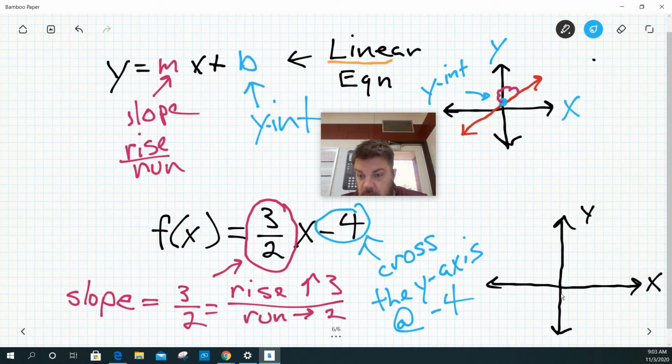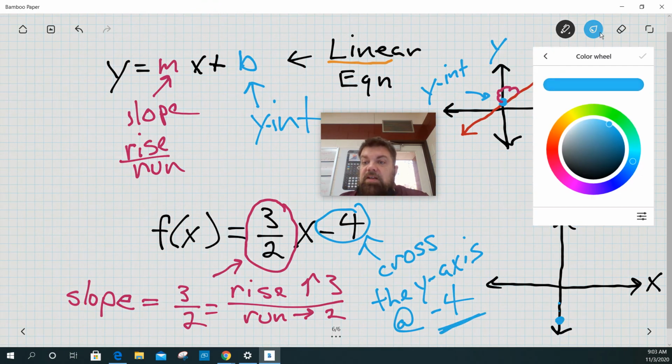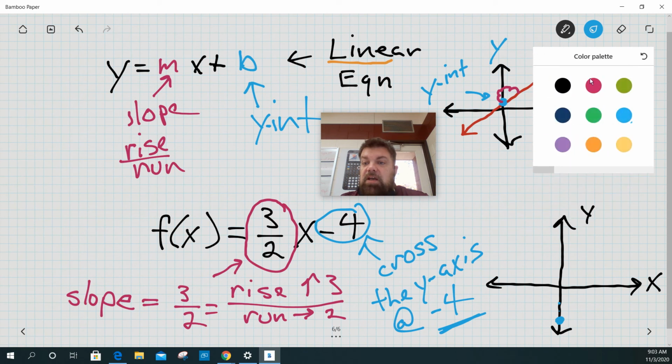So I'm going to go down 1, 2, 3, 4, and at negative 4, that's where I'm going to cross the y-axis. Then lastly, from there, I'm going to go up 3 over 2.